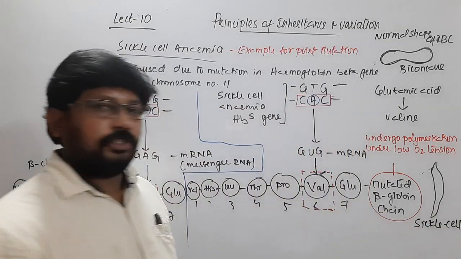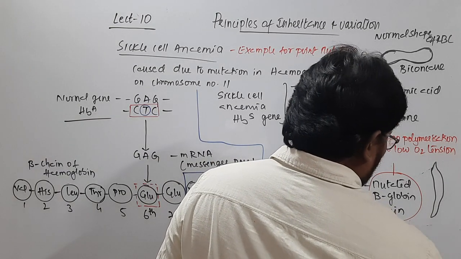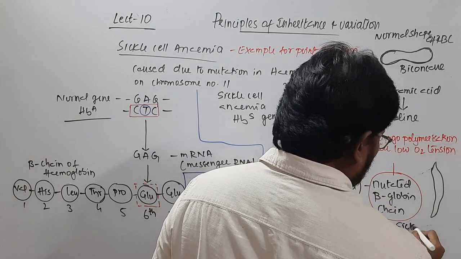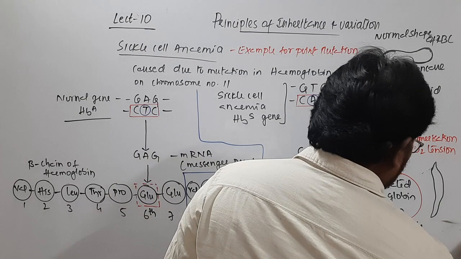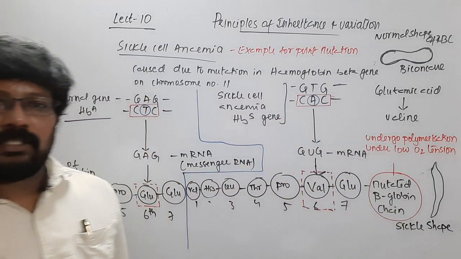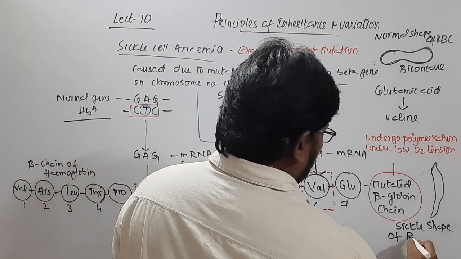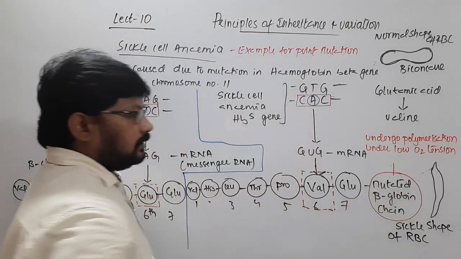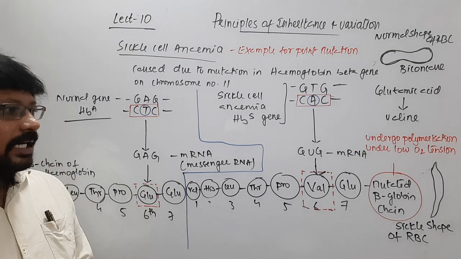So it becomes a sickle, the sickle shape of RBC, due to this mutated beta globin.